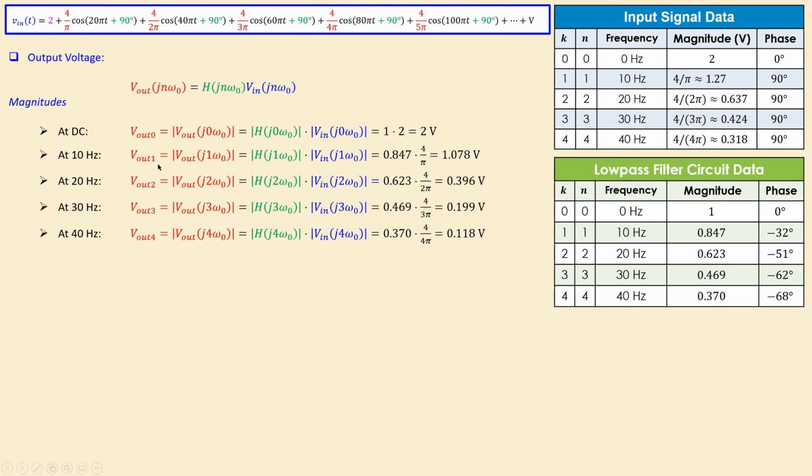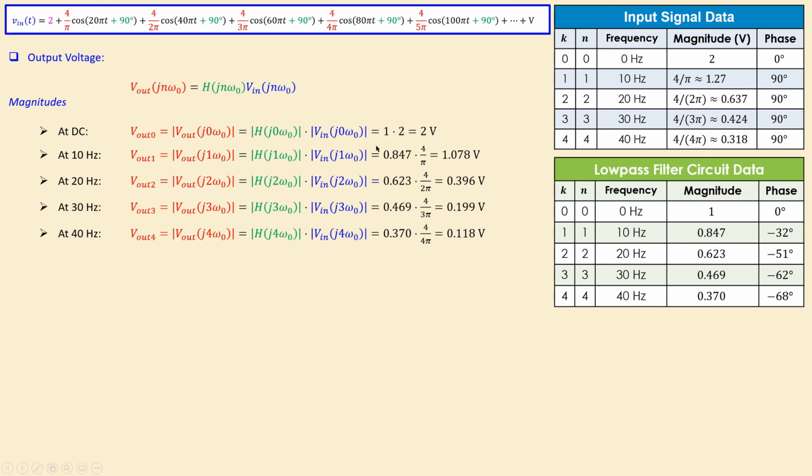Vout 1, that means the first harmonic, that means at 10 Hz, and that means n is equal to 1. Again, you look at this and you will have then for NS1, you multiply that with the Vin at n is equal to 1, so it's actually the first harmonic. Again, I'm multiplying the magnitudes, you will have 0.847, which is shown here for the filter, times 4 over pi, which is then the input signal magnitude at that frequency.